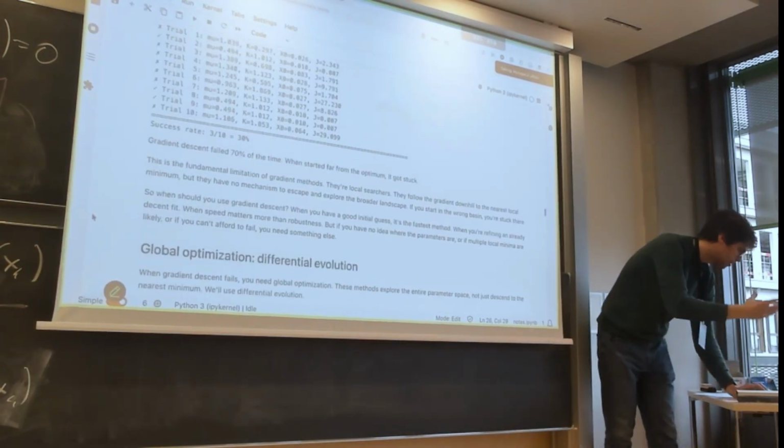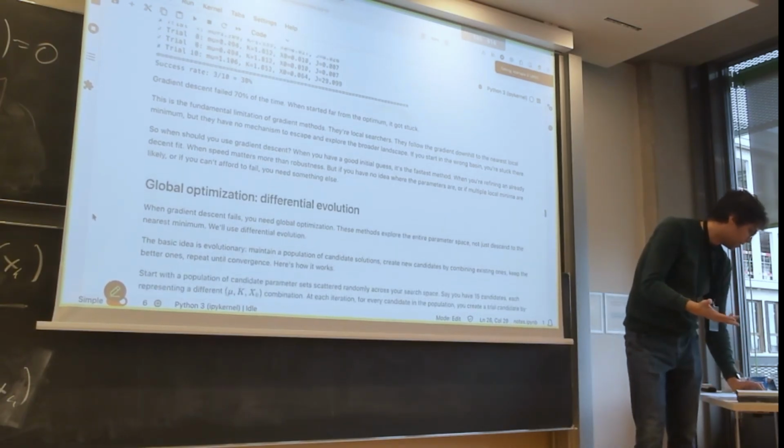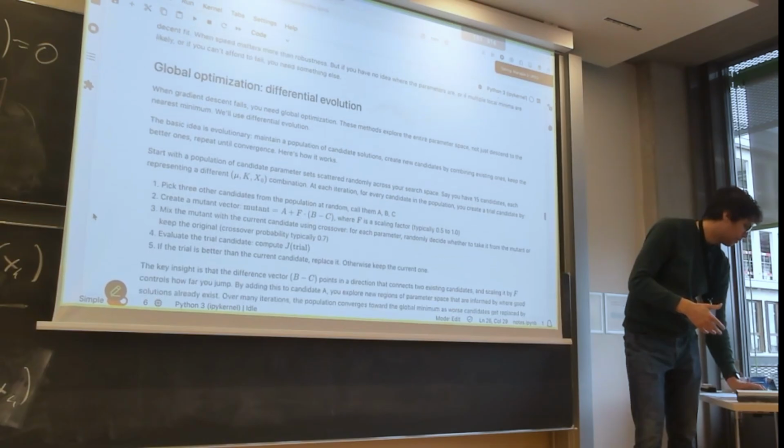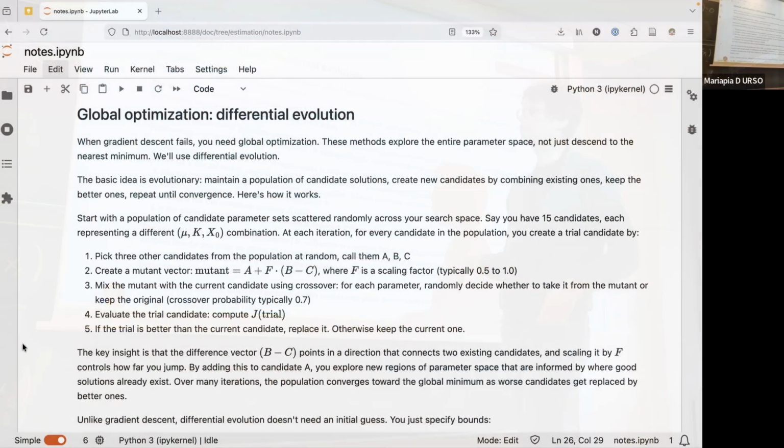So this just means gradient descent is awesome if you're close, but can be not awesome if you're far away. And this is where global optimization comes into the picture. Global optimization also tends to iteratively go to better and better values.